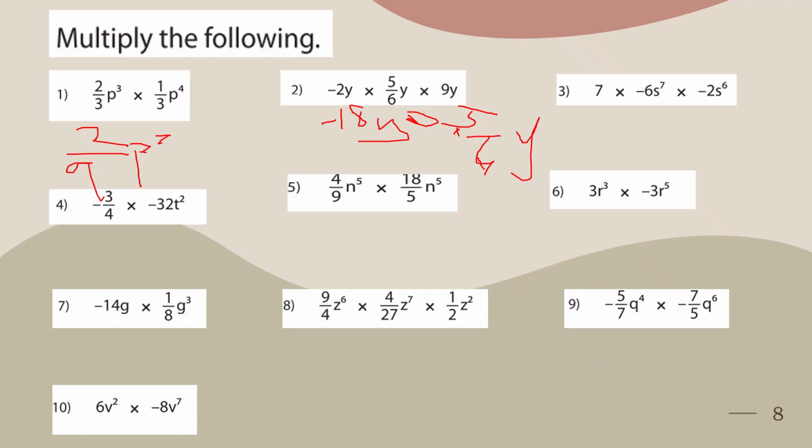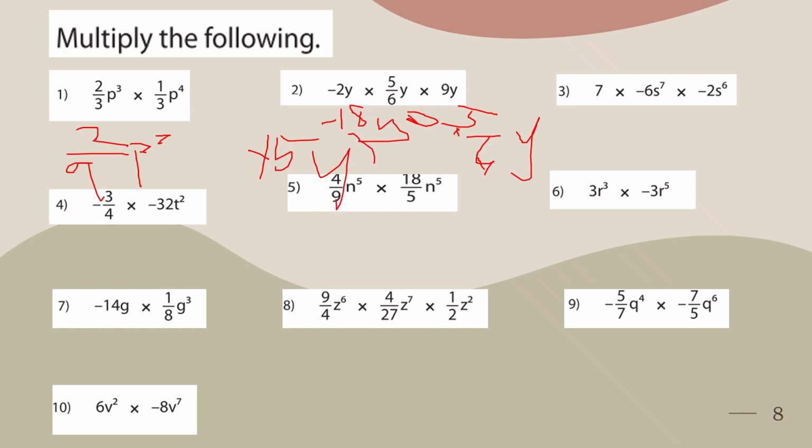That would be negative 3. So negative 3 times 5, that is 15. So the final answer is negative 15y cubed, because we add the exponents, no?